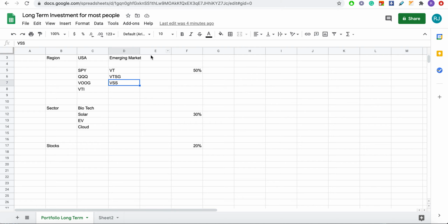This is basically a region. You can say international emerging, as well as US versus rest of the world, or you can even go Europe and China. I like to cover emerging markets, which include a lot of developing countries, so that's good.